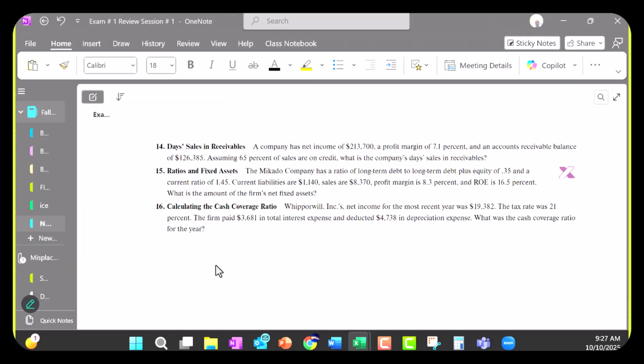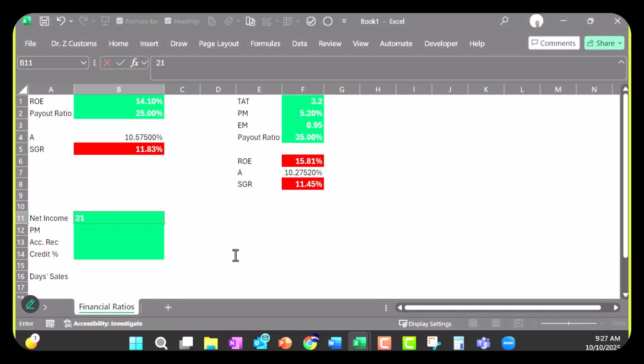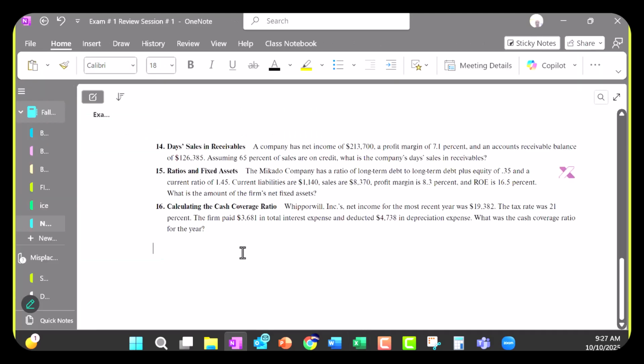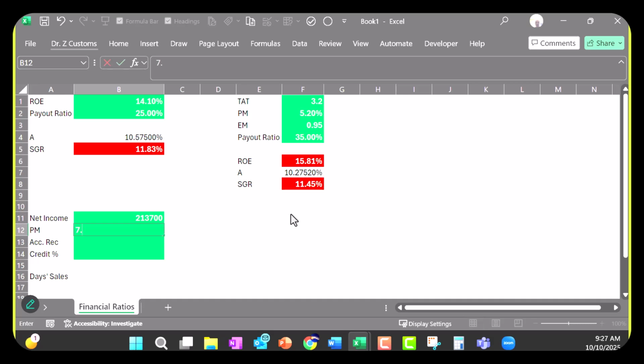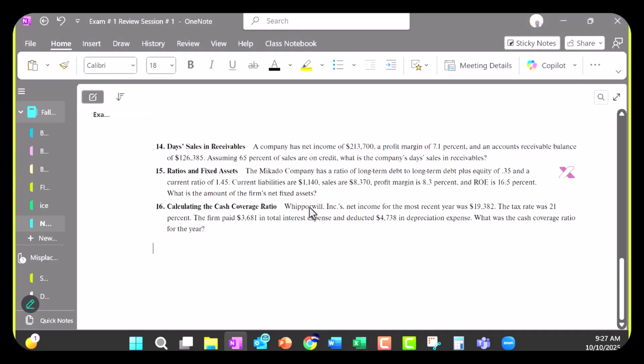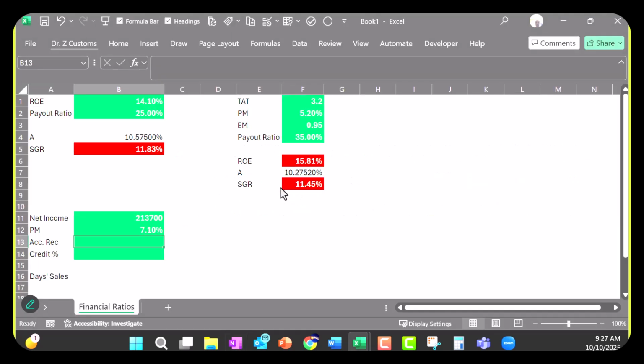Net income is 213,700, 7.1%, 126,385, and 65%.